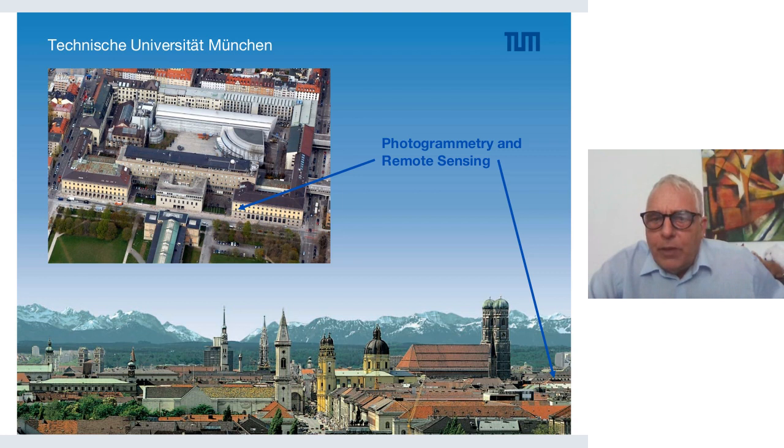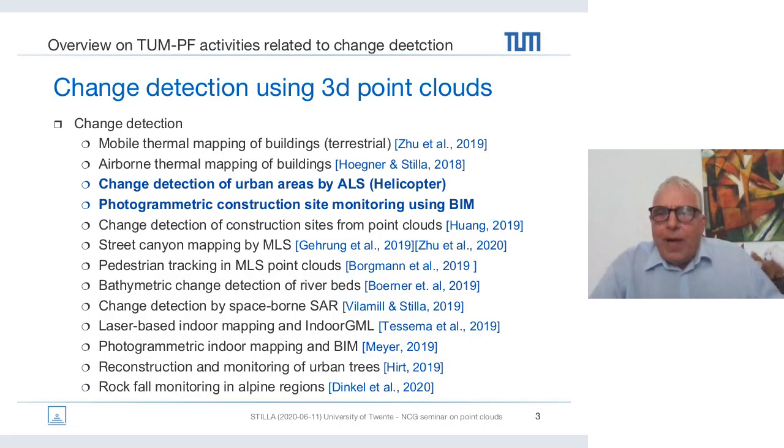You can see the window on the left side. We have a lot of topics dealing with change detection using 3D points, from mobile terrestrial mapping, airborne terrestrial mapping, but also from ALS, airborne laser scanning, as well as mobile laser scanning. These are current work of PhD candidates, and some of this work is already finished.